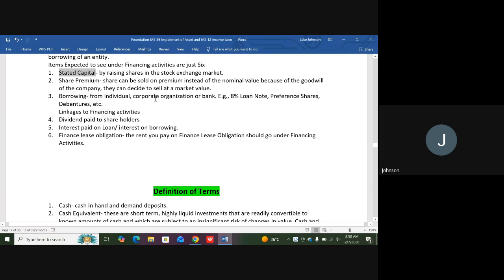They can decide to sell at a market value. So let's say this company is located in one village and nobody knows the company. Then all of a sudden, Speed came and gave that company facial recognition. He just went there and advertised one of their products, showing the world that this product is fantastic.